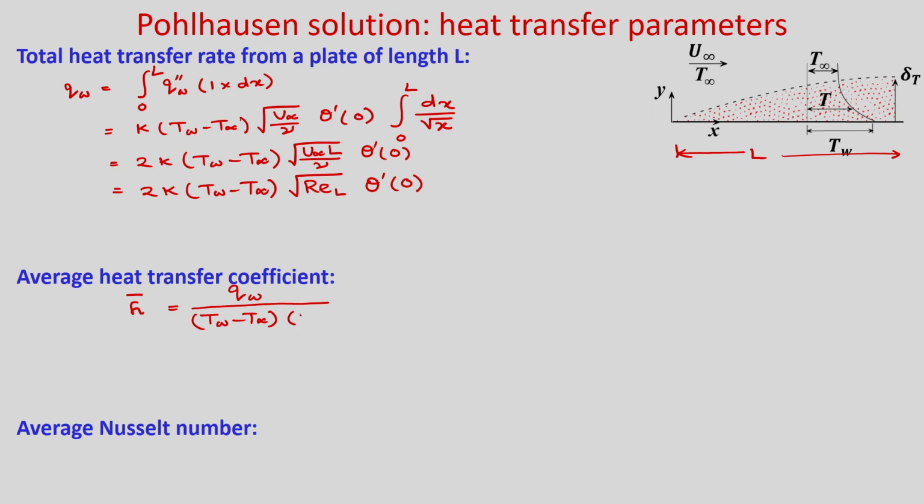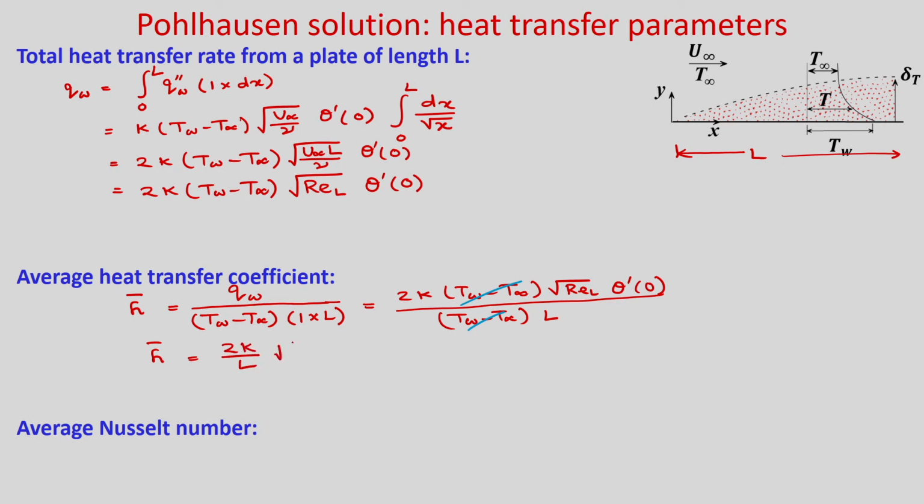Per unit width, so 1 into L. If you put the value, you will get twice k (T_w minus T infinity) root Re_L theta prime 0 divided by (T_w minus T infinity) into L. So, this you cancel, and you will get h bar as twice k by L root Re_L theta prime 0. From here the average Nusselt number you calculate.